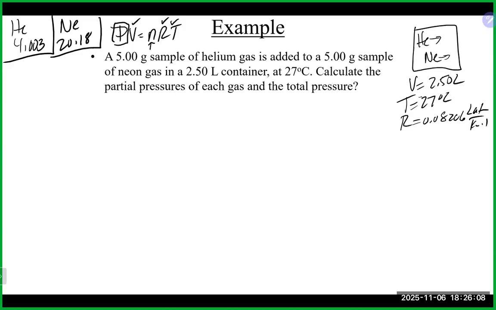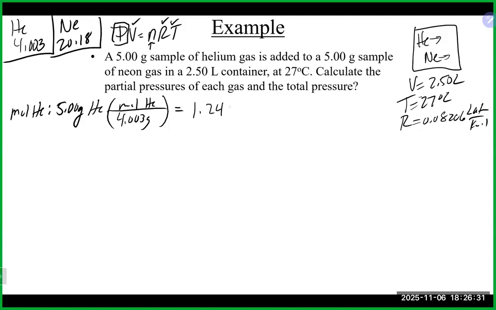So the first thing we want to do is convert each of those grams into moles. Our moles of helium should be 5 grams of helium, using the molar mass from the periodic table, 4.003 grams per mole of helium. That's 5 divided by 4.003, which is 1.249 moles of helium.